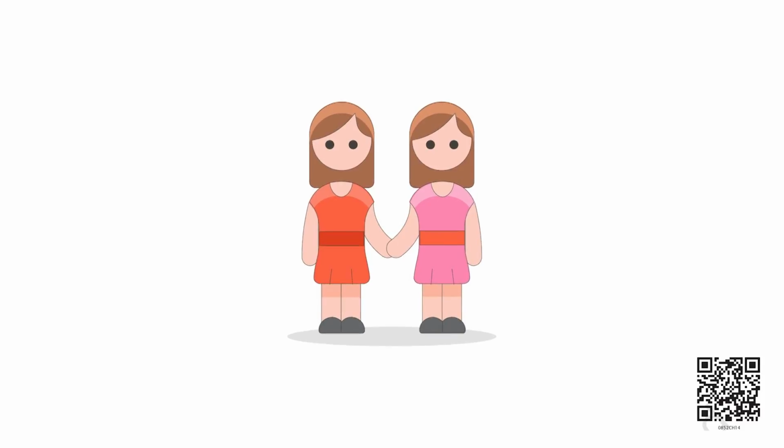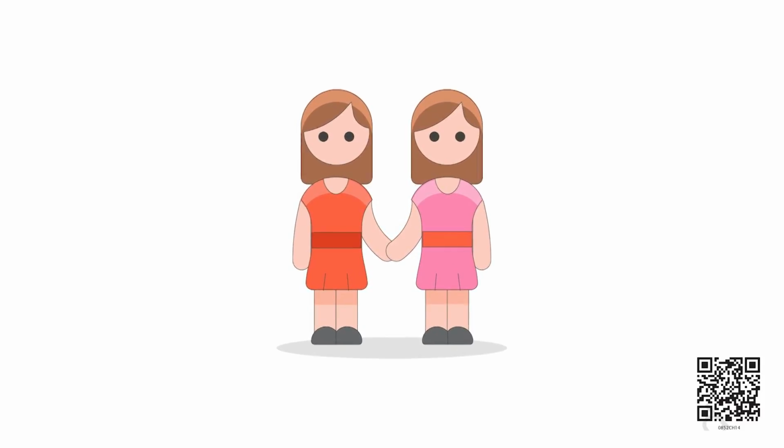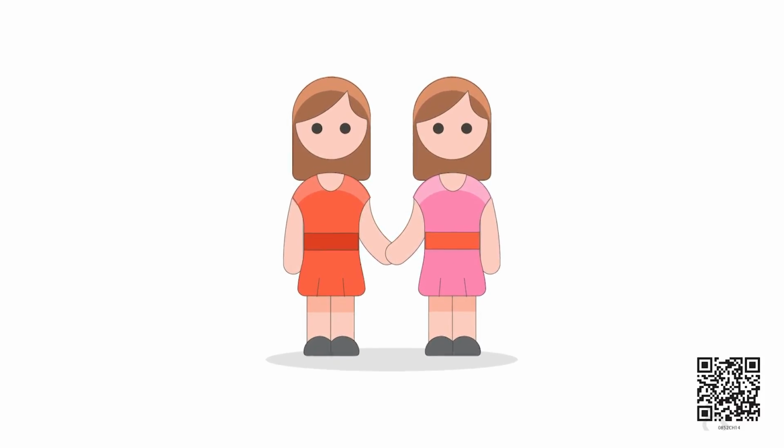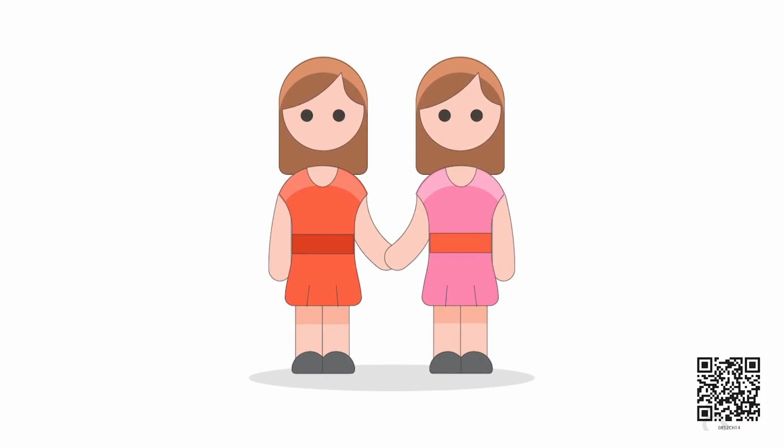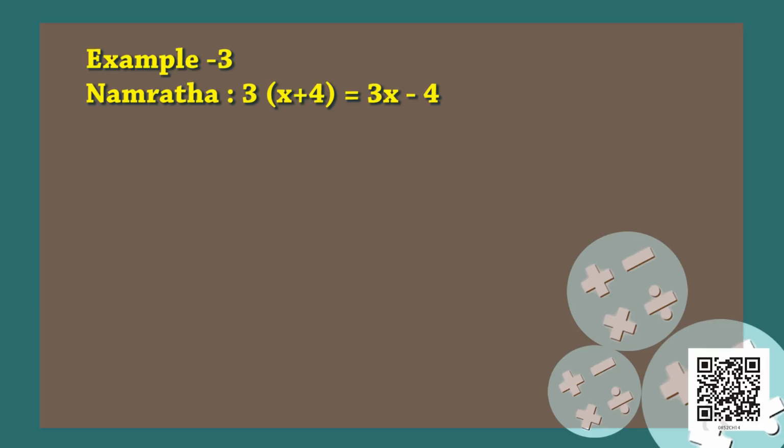Now, look at another task. Namrata and Salma have done the multiplication of algebraic expression in the following manner. Namrata: 3 into x plus 4 is equal to 3x plus 4. Salma: 3 into x plus 4 is equal to 3x plus 12.